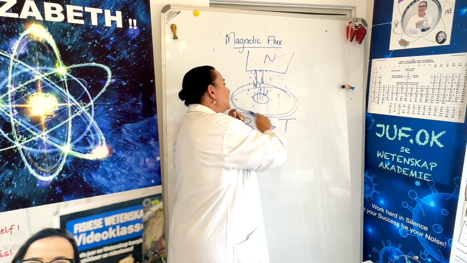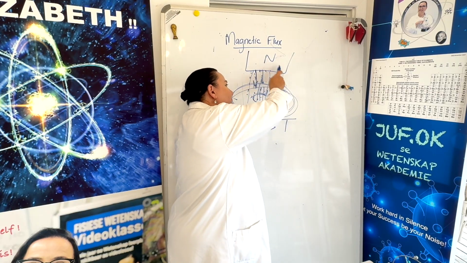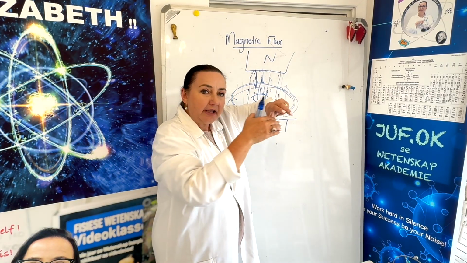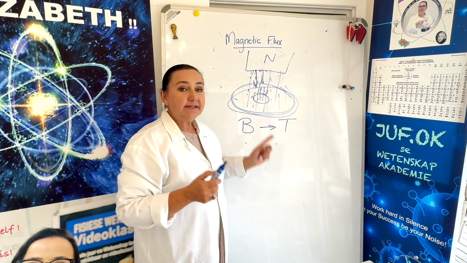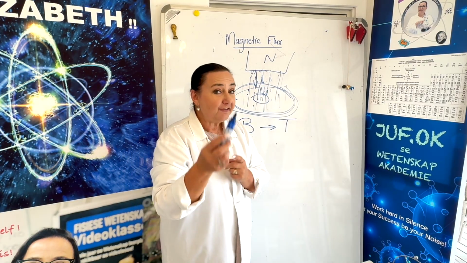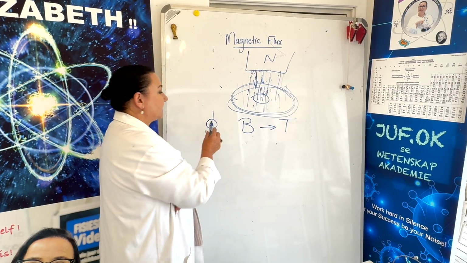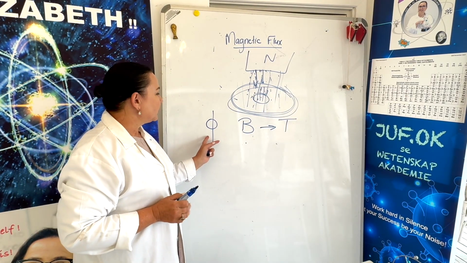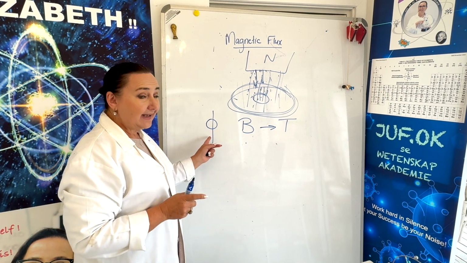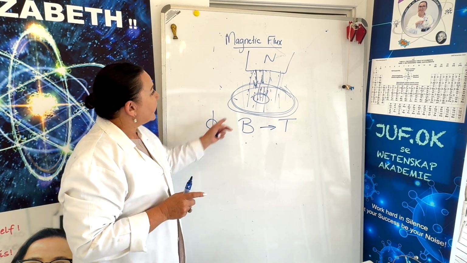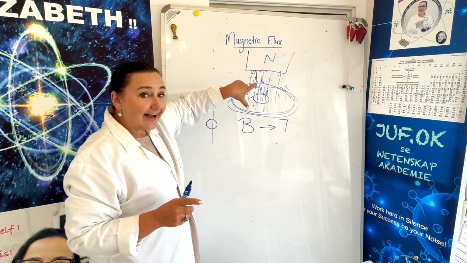If I have a bigger opening, many more lines are going to be able to enter through. So we see that our magnetic flux, and we're going to use the symbol that looks like this, which is basically a phi, we're going to use that symbol to indicate the magnetic flux.